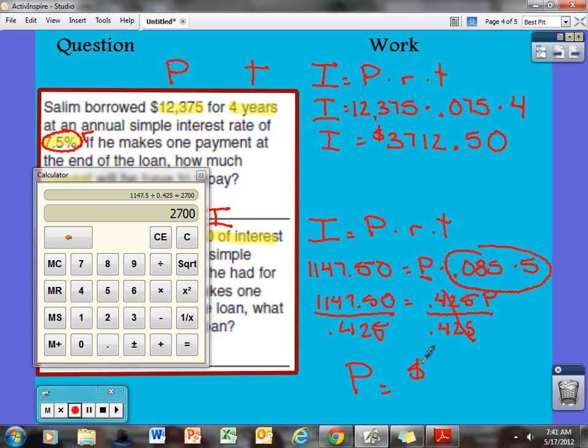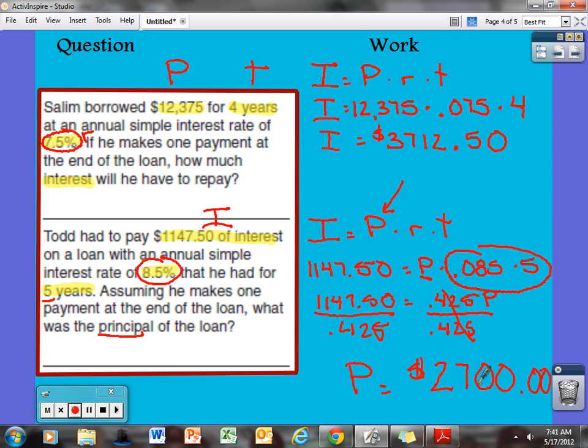So because I want to find out the principal, I know the principal has to do with money. Now I know how much this person ended up borrowing. They ended up borrowing $2,700. If I wanted to check that answer, I could plug it back into the equation.